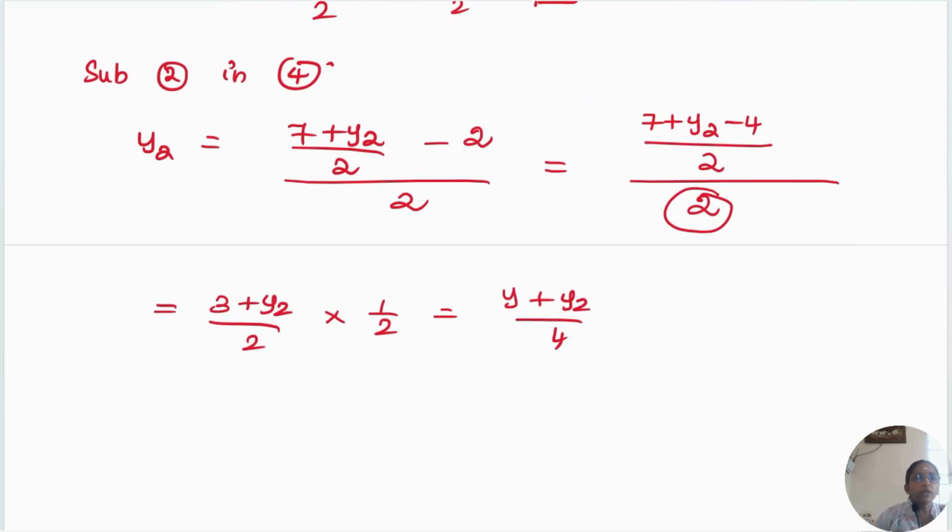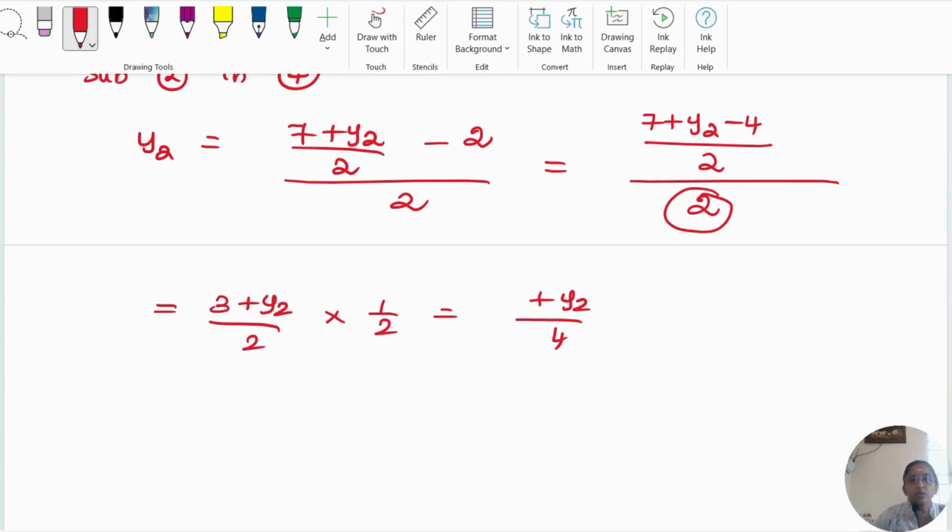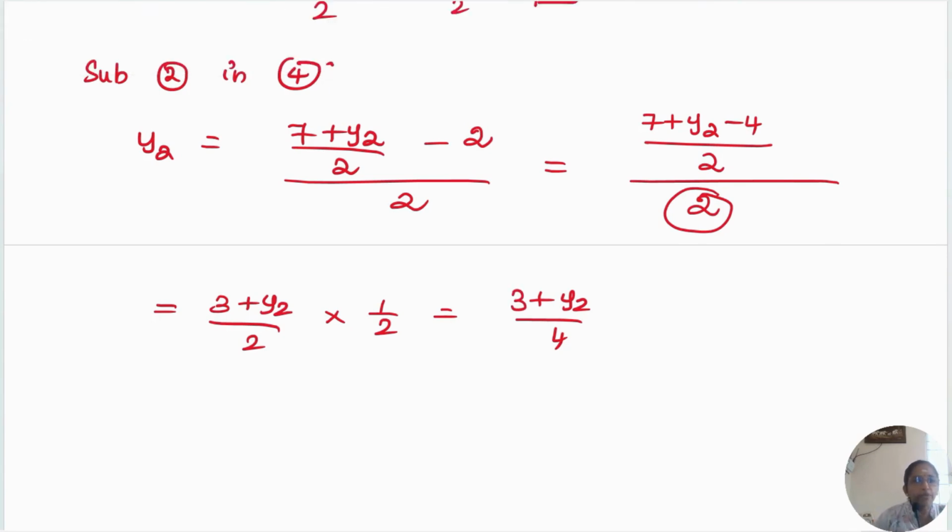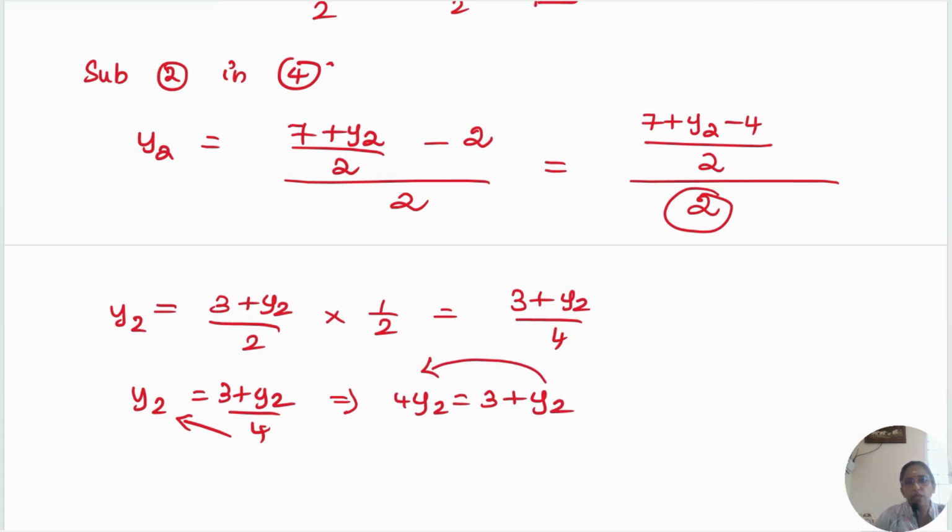So 3 plus y2 divided by 4, this is our y2. So y2 is equal to 3 plus y2 divided by 4. Do your cross multiplication now. So 4 times y2 is 3 plus y2, and take this y2 to the left side. So 3 times y2 is equal to 3. So y2 is equal to 1.